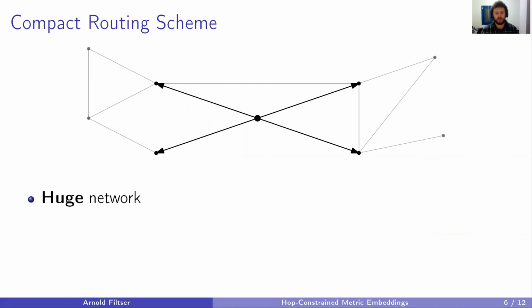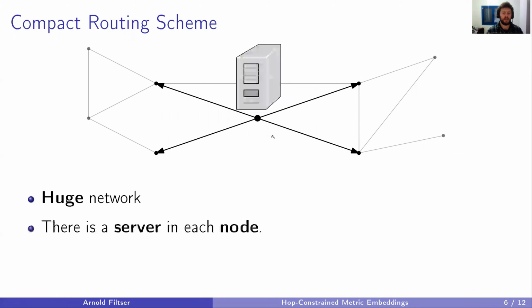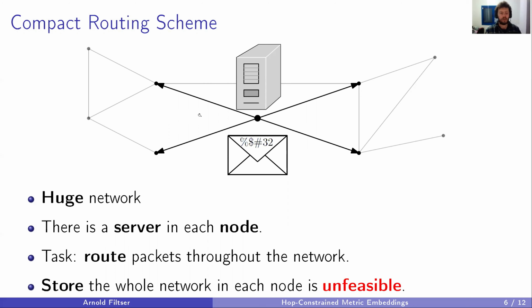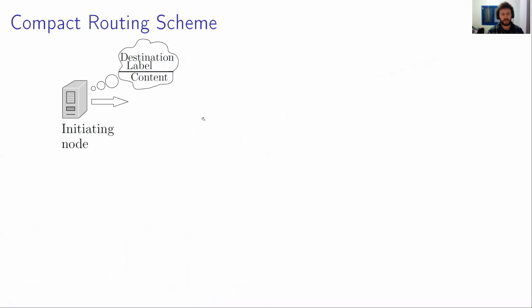Next, I would like to show an application to compact routing schemes. In this problem, we have a huge network, and in each node in the network, there's some server. And these servers want to route some packets between them. However, the problem is that the network is huge, so it's completely unfeasible to store the entire network in each node. So more specifically, we have some initiating node who has some label of a destination, and he wants to send a packet.